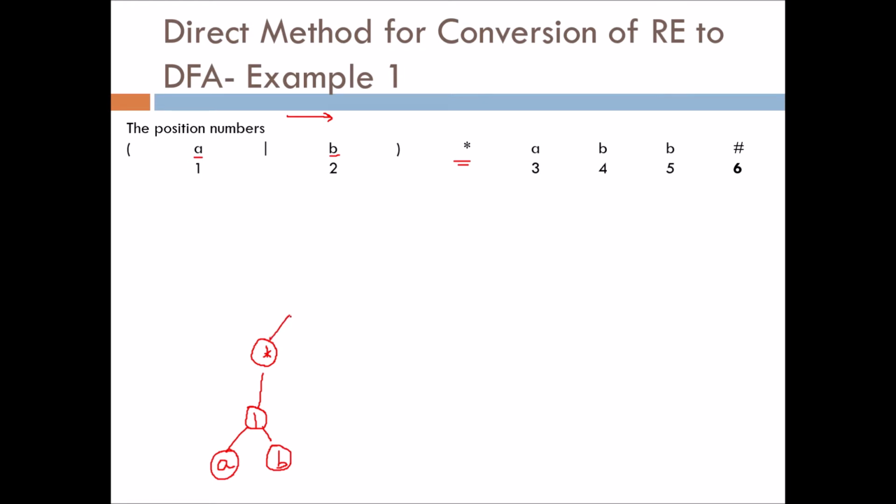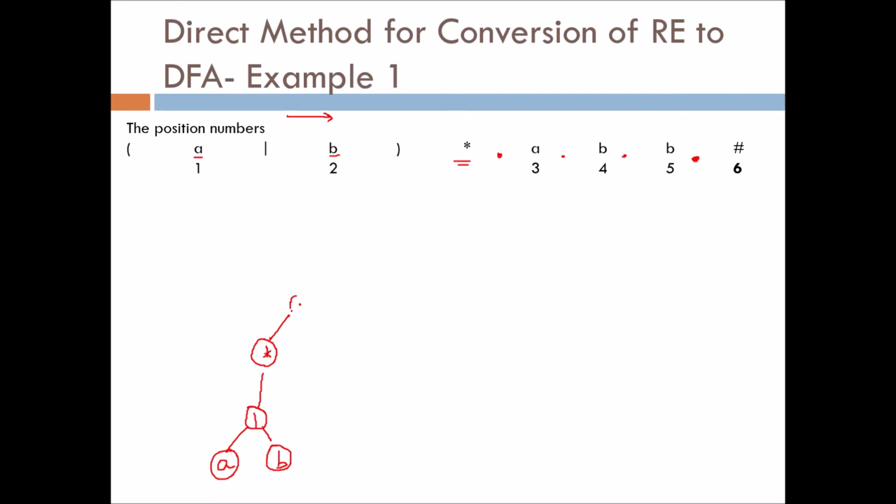Following this, there is no connection between the star part, A, and B, which signifies that these have to be concatenated. So to concatenate these, we would be using the concatenation operator here.